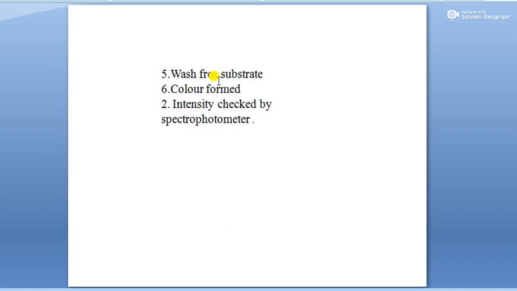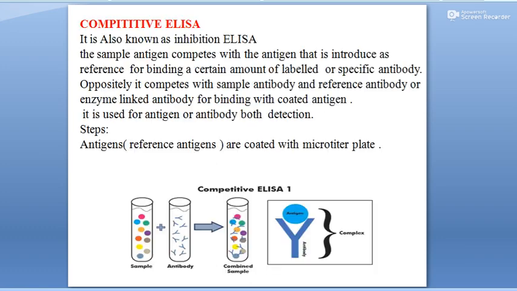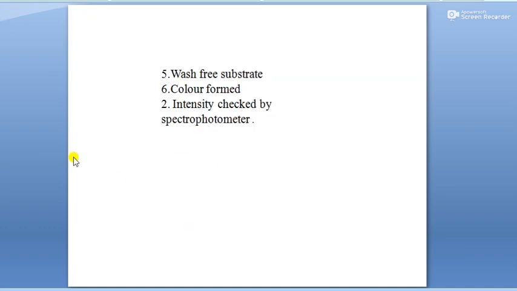We need to wash out the unbound substrates which are present in the microtiter plate. Then the colored product formed is identified, or its intensity checked, by a spectrophotometer. So by this process we can identify the specific antigens which are responsible for a specific disease.